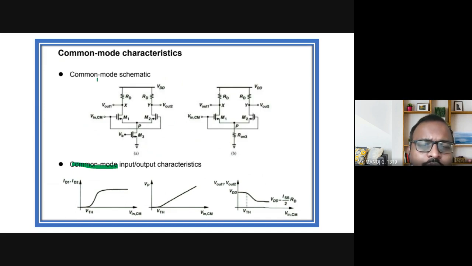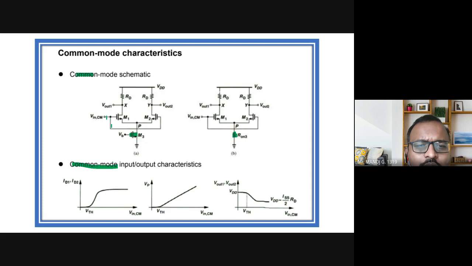Now when you take common mode, I think last class all of you drew the circuit. There are two methods in which you represent. One is with respect to a current source. The other one is with respect to the load resistor. So the point of analysis is common mode.